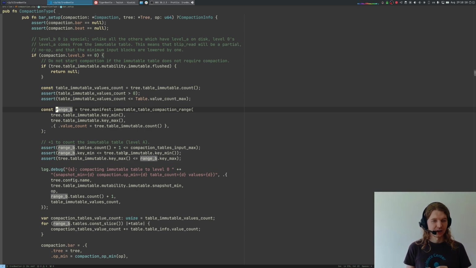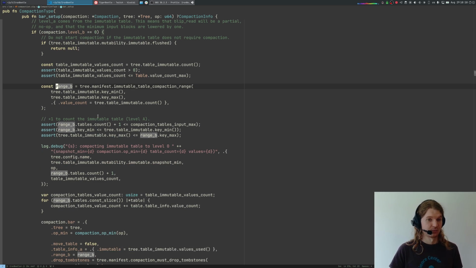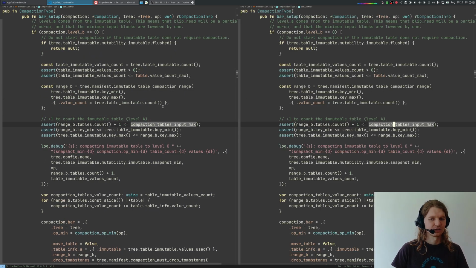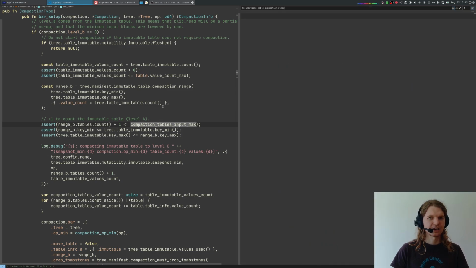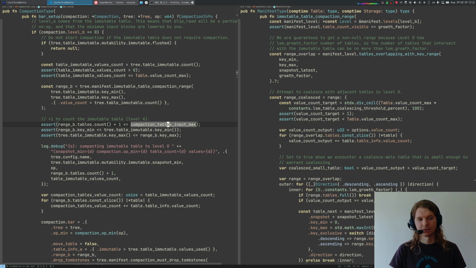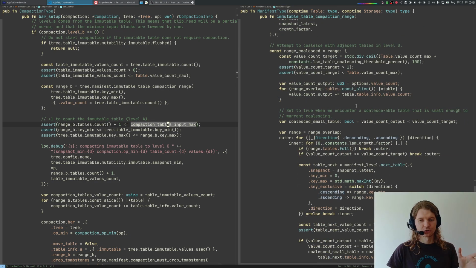So we figured out which tables we should merge our input table with in the zeroth layer, which is all the intersection tables, plus potentially a bunch of small tables for coalescing. Let's take a step back. I don't see where we assert that we are not trying to merge too many tables.